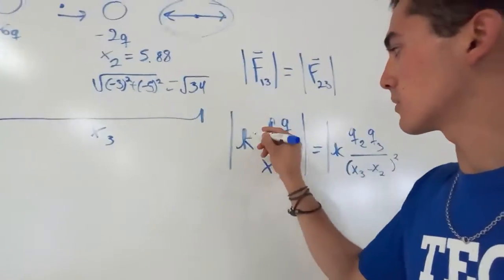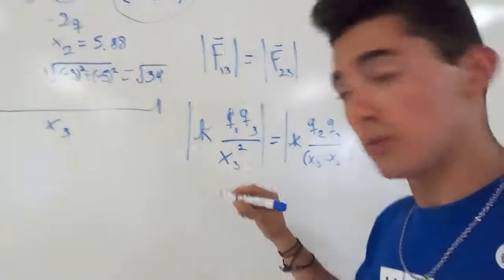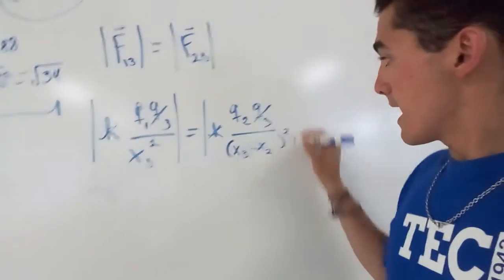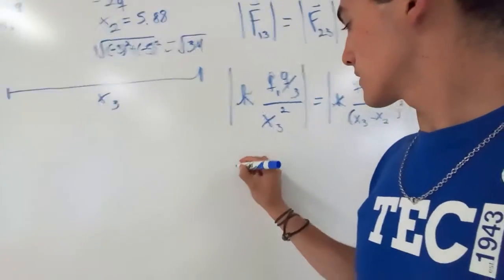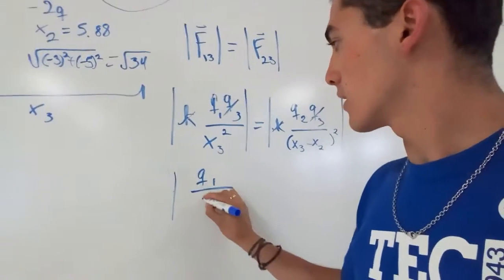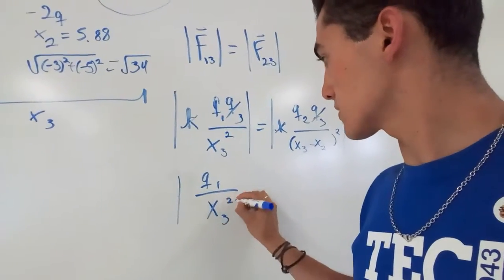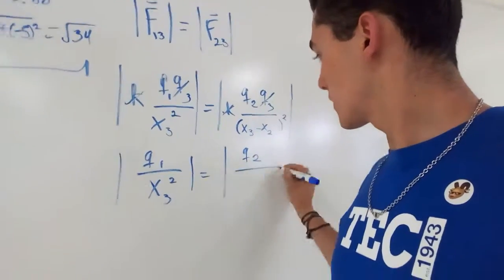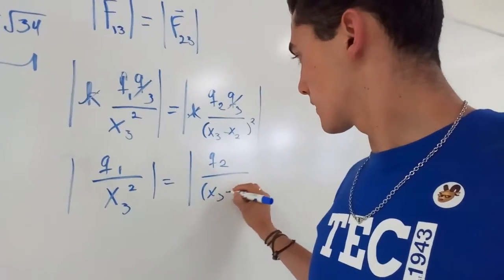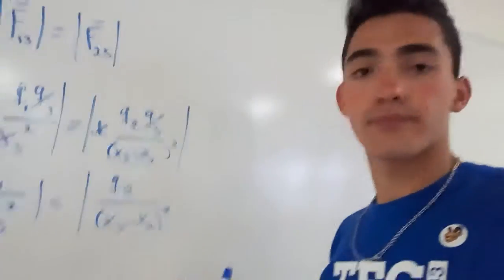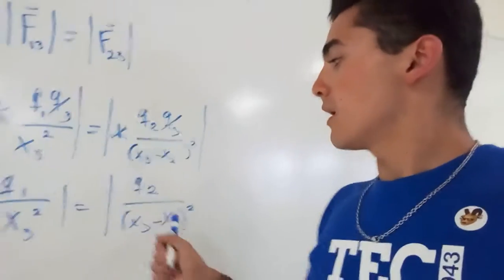As we know, the constants go, the charge 3 goes away, and we are left with the charge 1 over the distance x3 squared equals the charge 2 over our difference of distances squared.